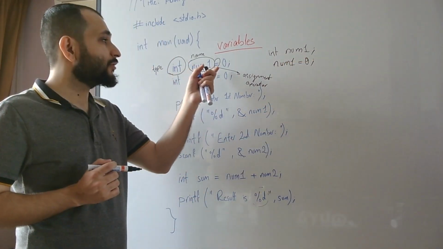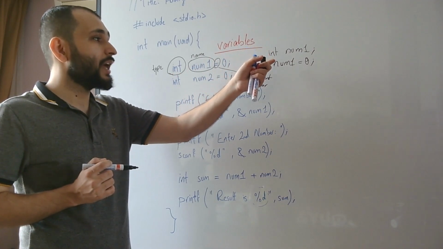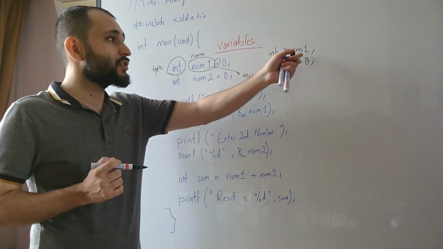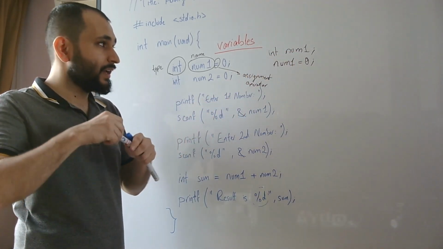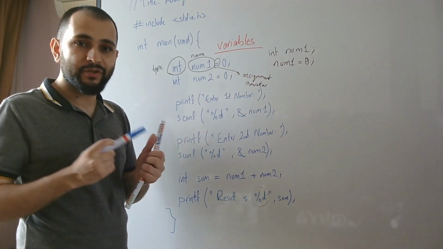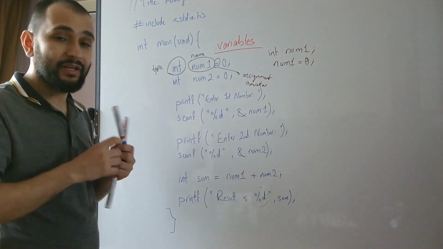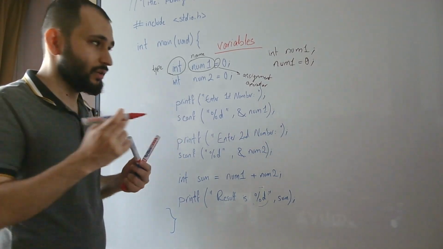So this is how this line of code could actually be written as two lines of code. One is the declaration of the variable and the second is the initialization of the variable. Let me write those terms for you so that you can remember them: declaration and initialization.